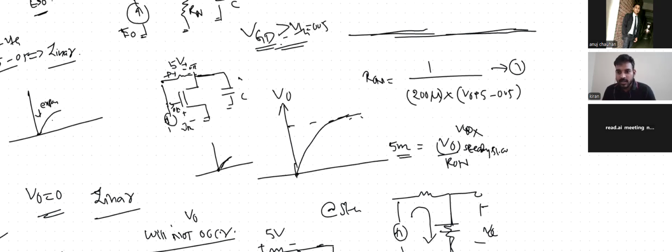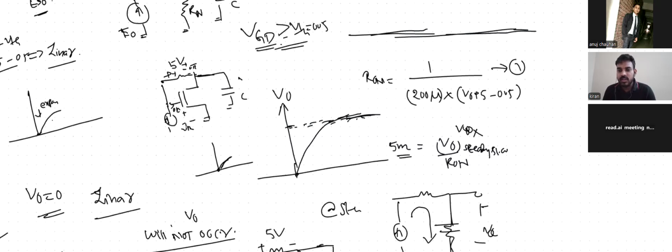Then I can write 5 milli equals V naught steady state value times 200 micro, times V naught plus 5 minus threshold, that is V naught minus 4.5. Because of the two equations, I will get the V naught it settles to. Cancelling terms, this is 1 by 5, this is 25, so 25 equals V naught times V naught minus 4.5.